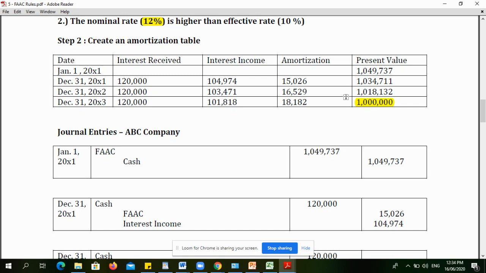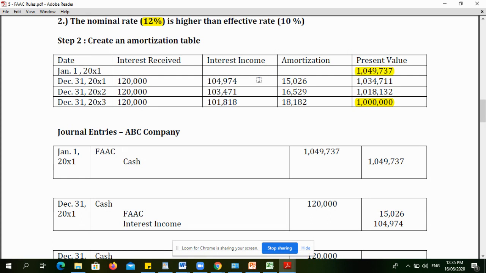Next, how do we compute for the interest income? Si interest income, we will solve this by multiplying the present value by 10%. So 1,049,737 times the effective rate, which is 10%, equals 104,974.